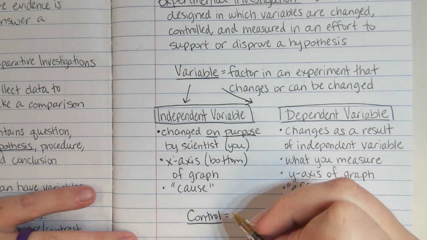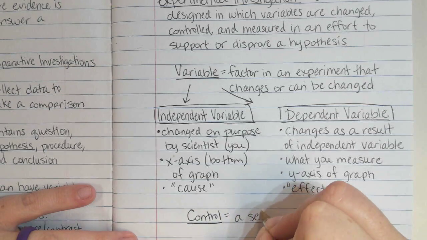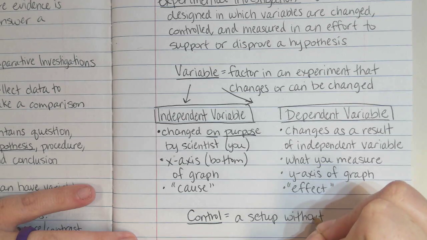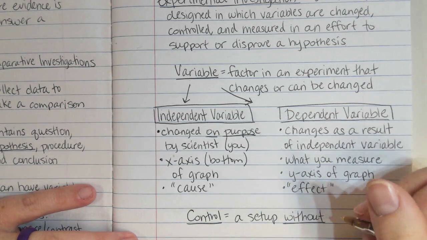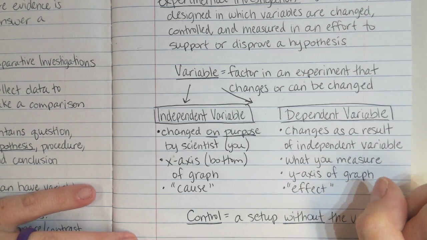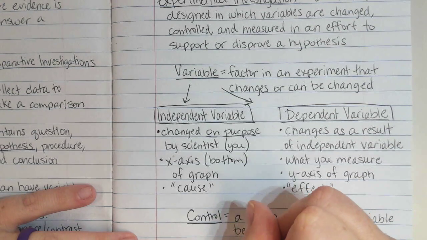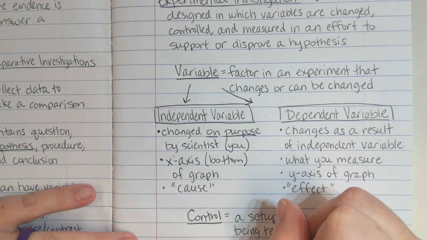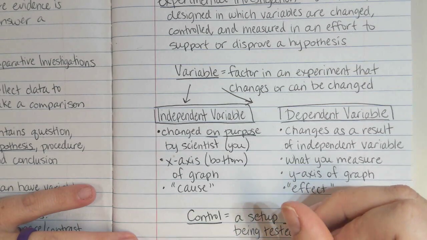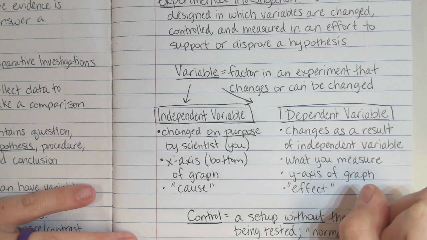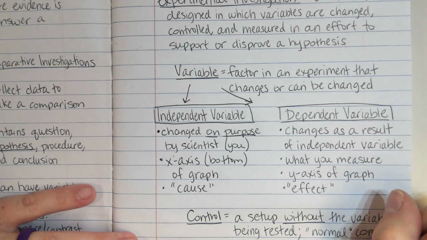So the control is a setup without the variable being tested. This is the normal conditions.